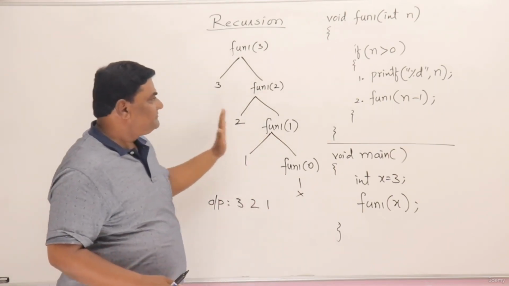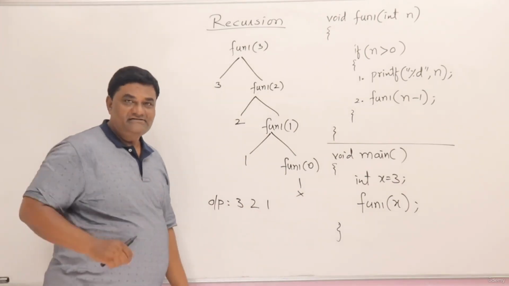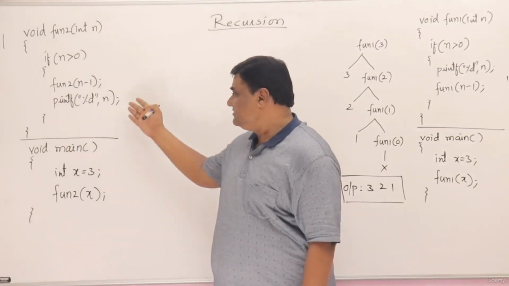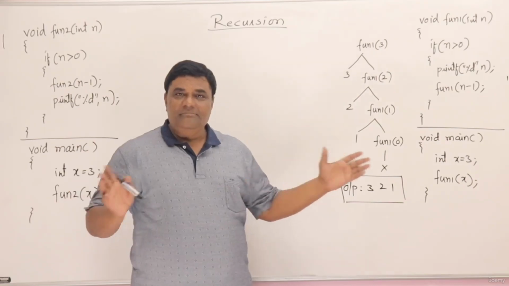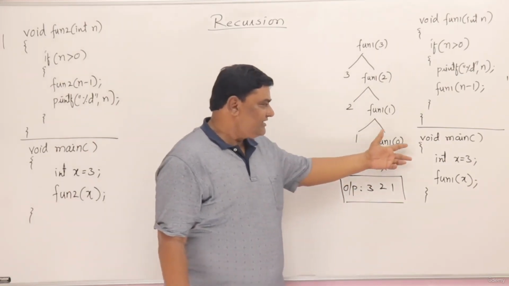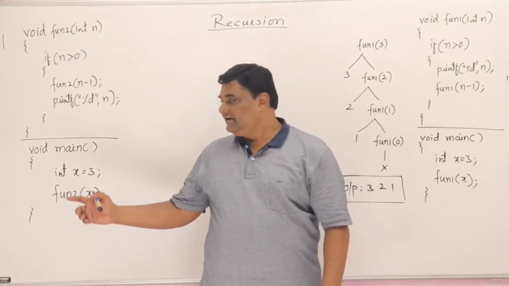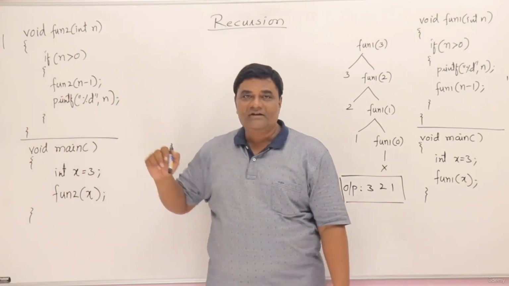So this example I'll just move aside, then I'll use this portion for showing you the next example. Now I have one more example of a recursive function. This is very similar to the first one. Let me compare them and show you. In the main function having variable x and calling function fun1, here also main has variable x and calls function fun2.